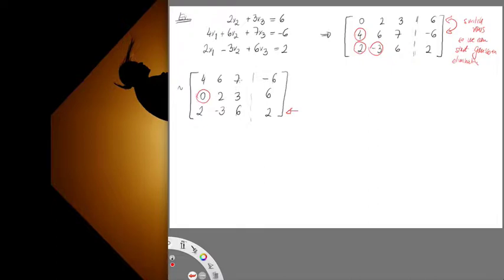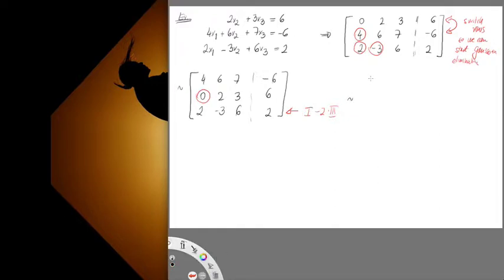Then I'll have 7 over half. Yes, that would work. How about 2 minus 2 times 3? Again, half works. I just don't want to deal with 7 over 2, so this is me being lazy. But again, there are multiple combinations that you could work with if you're doing things by hand.